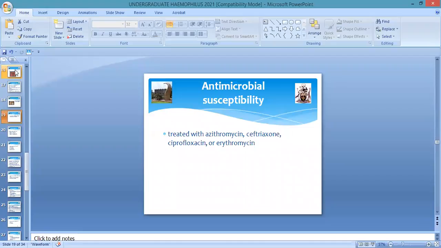But remember, Ducreyi being a pathogen that causes the genital tract infection, you just use azithromycin or ceftriaxone for treatment. Okay, but also monitor it in case of resistance to some of these agents.